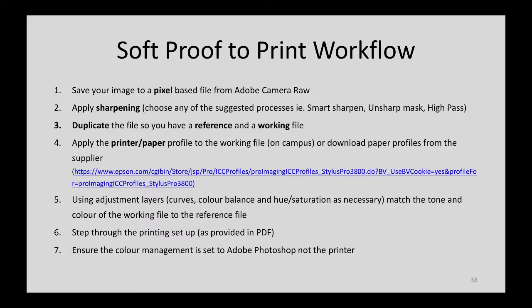You'll use adjustment layers to match the reference file with the working file. So that is that you'll be using adjustment layers on the working file to change the color and tone of the working image with the soft proof profile on, to make it appear the same as your reference image.